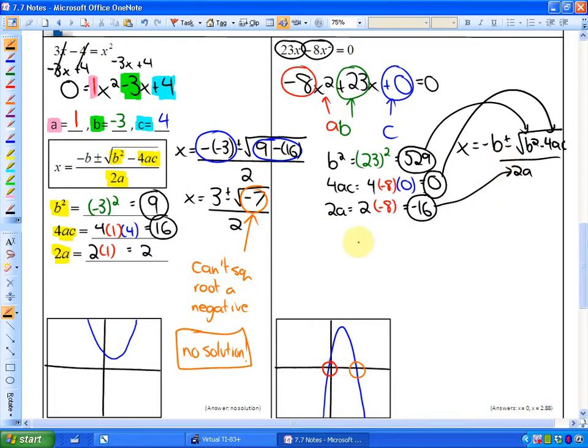So my quadratic formula at the moment looks like x is equal to negative b, which is negative 23, plus or minus the square root of b squared, which is 529, minus 0, all over negative 16.